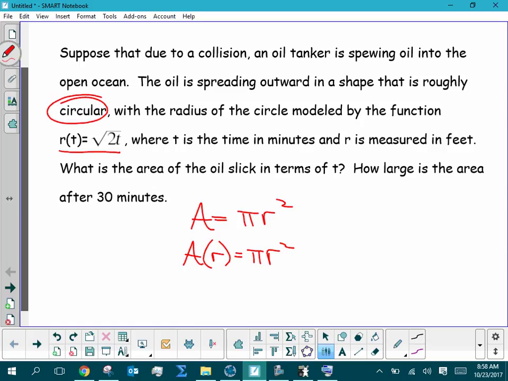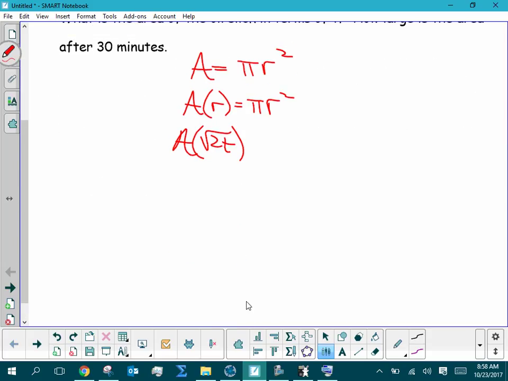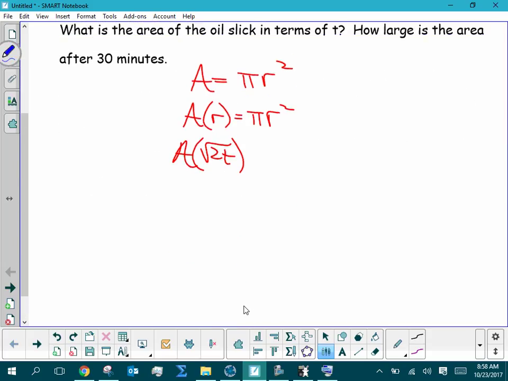So now I'm actually asking, if R is the square root of 2t, what we just asked here. Essentially, if we look at what this means, that's A of R of T, isn't it?